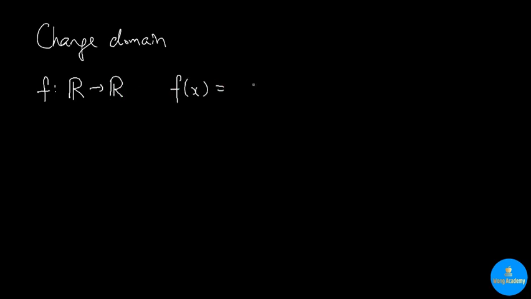Before we end this video, we would like to point out that if a function f is not 1-to-1, we can sometimes change the domain to modify the function so that it's now becoming 1-to-1. For example, if we have f from R to R such that f of x is equal to (x minus 2) squared, then the graph of this function looks like the following.